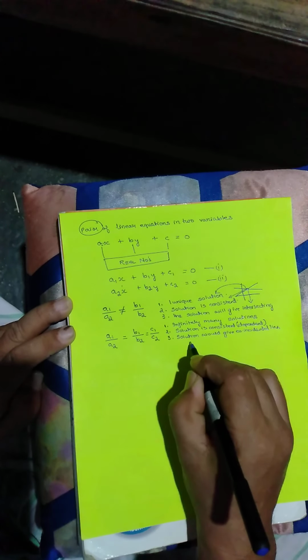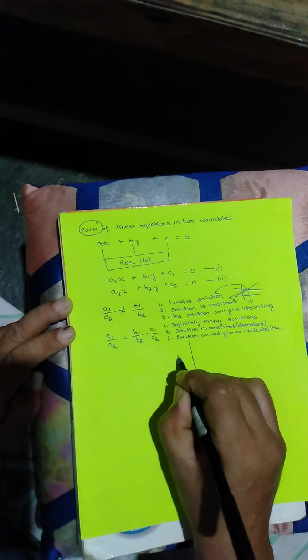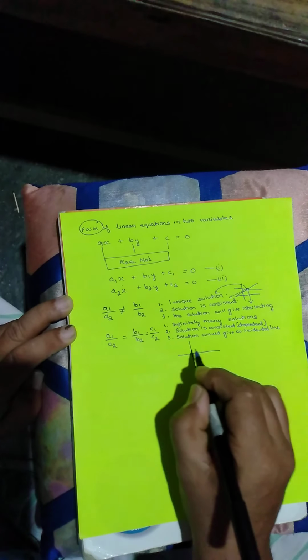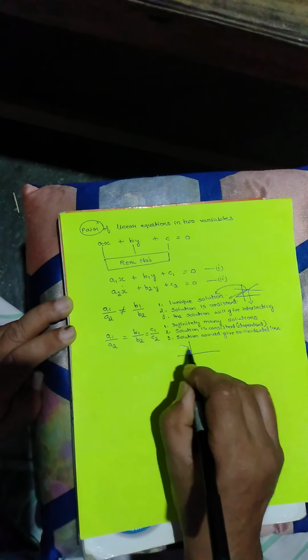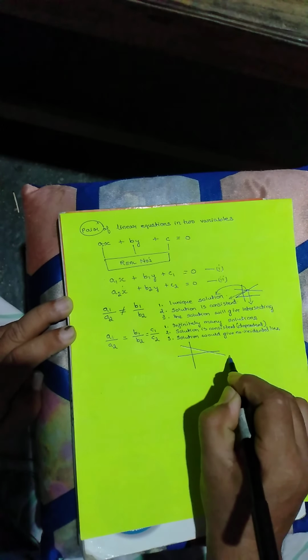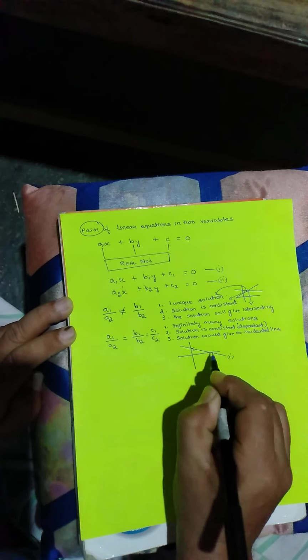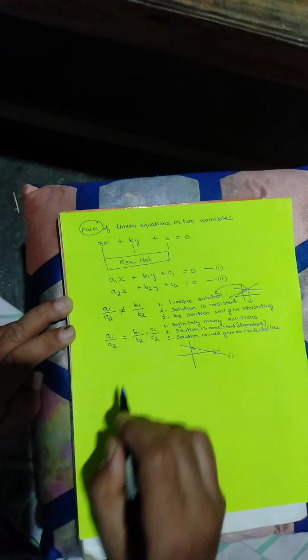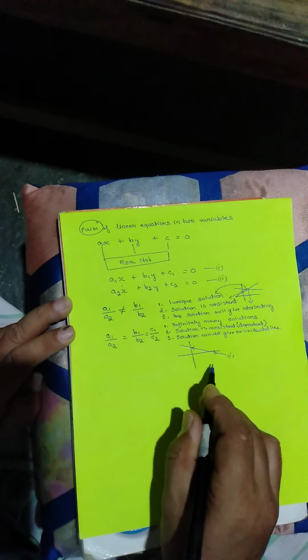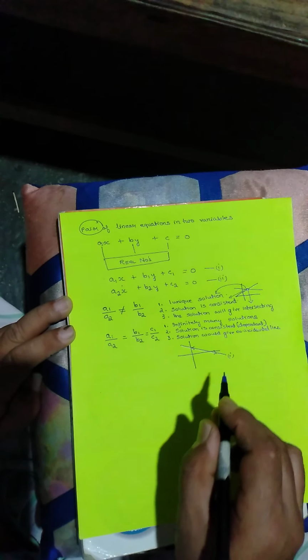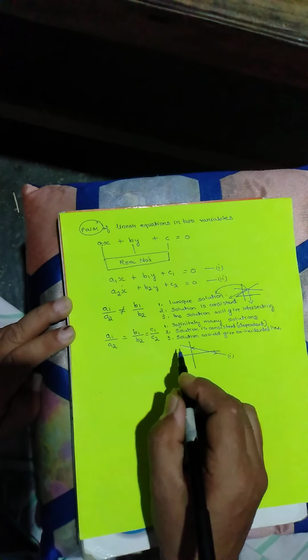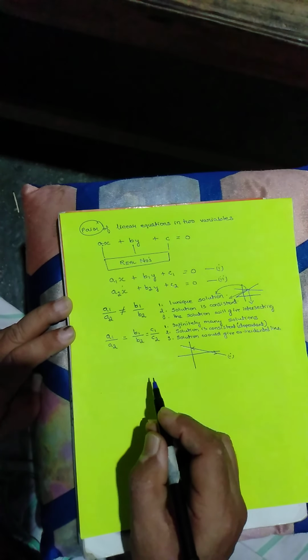On a graph, if you have a solution coming this way for the first equation, then the second equation also would be on the line itself. So that's why it is called coincidental lines. So you would have infinitely many solutions.